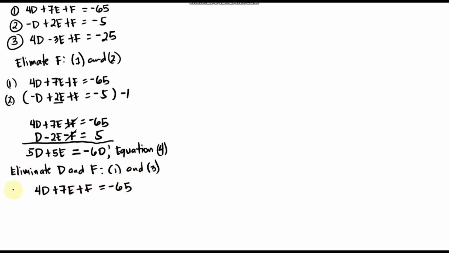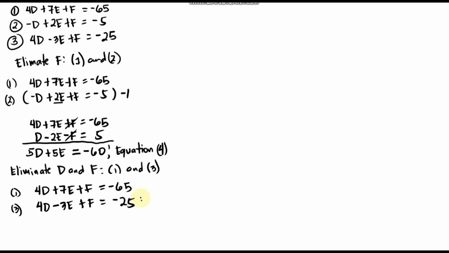Then that is equation 1. Equation 3, we have 4d minus 3e plus f, so equals negative 25.